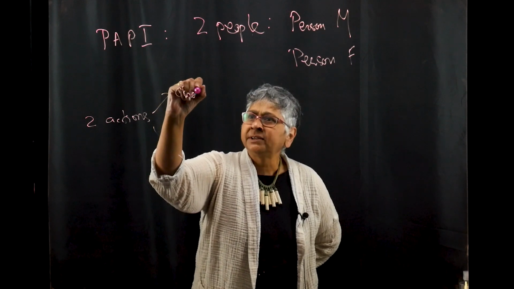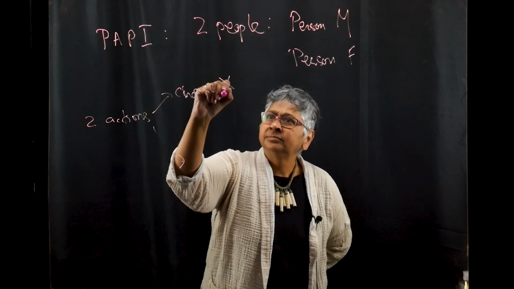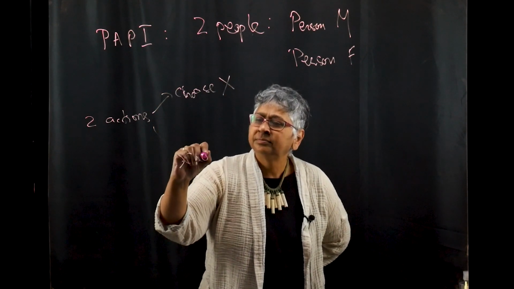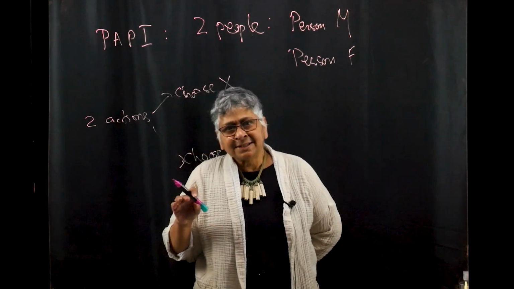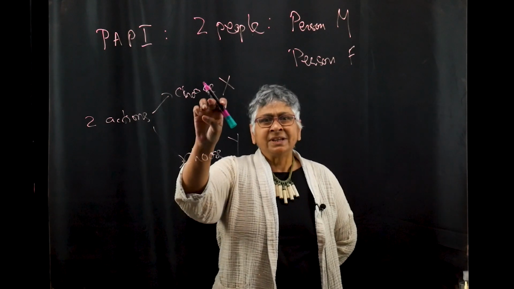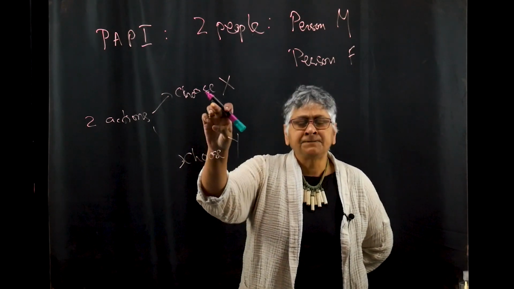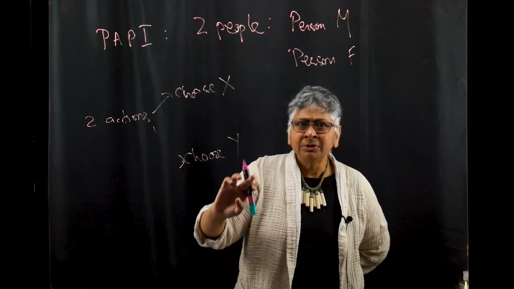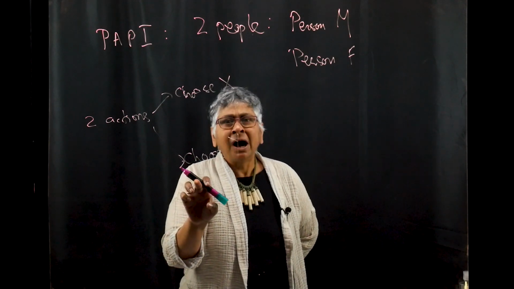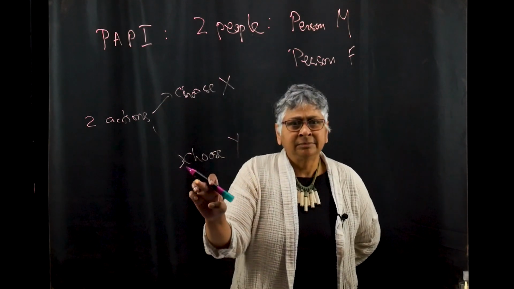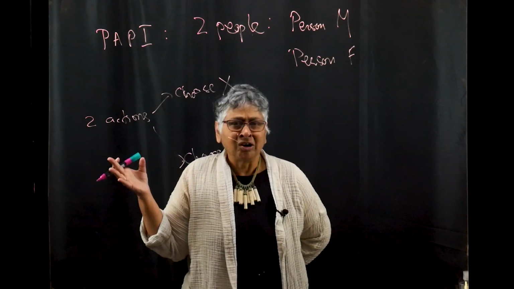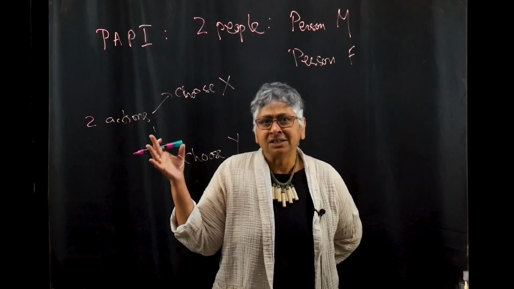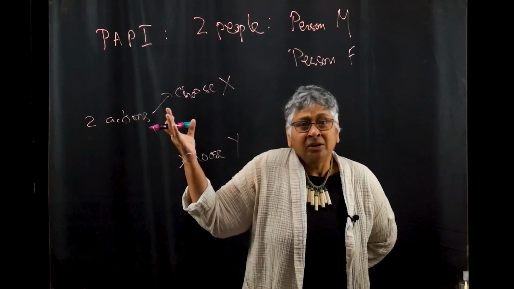You can choose X, or you can choose Y. Let us say that choosing X would mean following traditional gender roles, and choosing Y would be to have a different kind of arrangement between your partner and you in terms of adjusting, all right? That could be one way to put it.